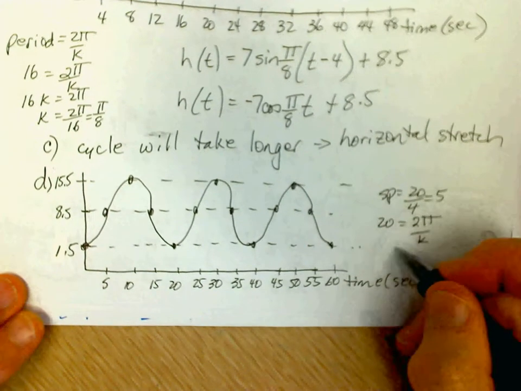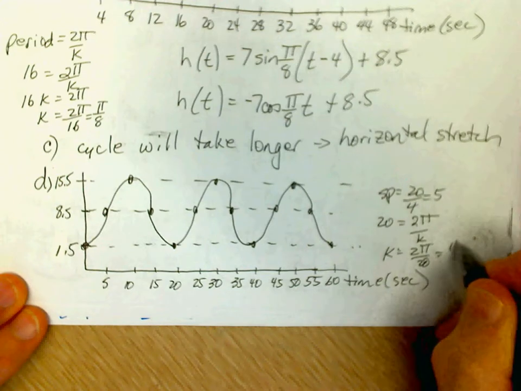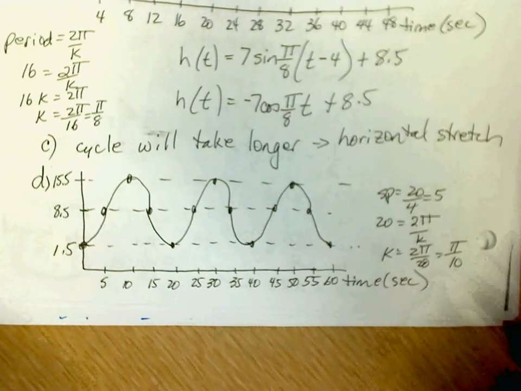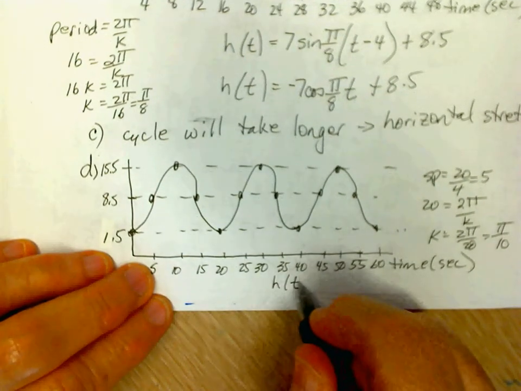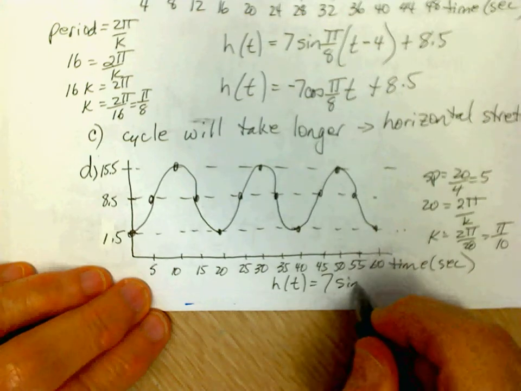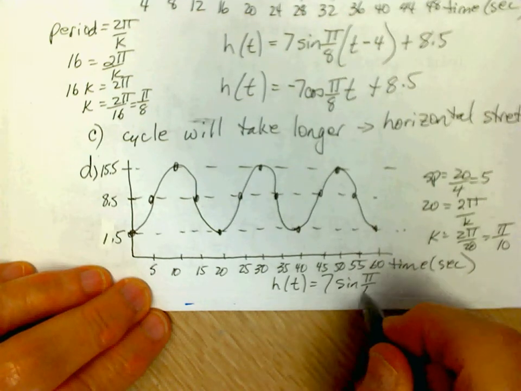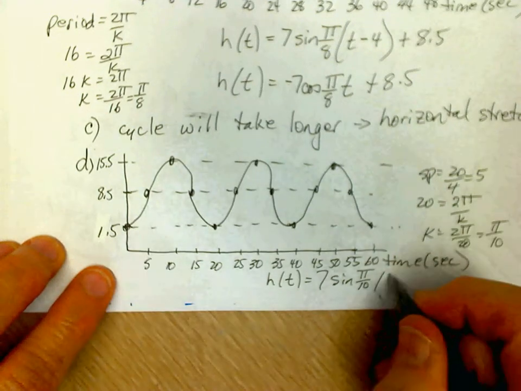So our equation becomes h of t equals 7, the same, sine pi by 10, t. Now we have a phase shift of 5 to the right, plus 8.5. I did that kind of quickly.